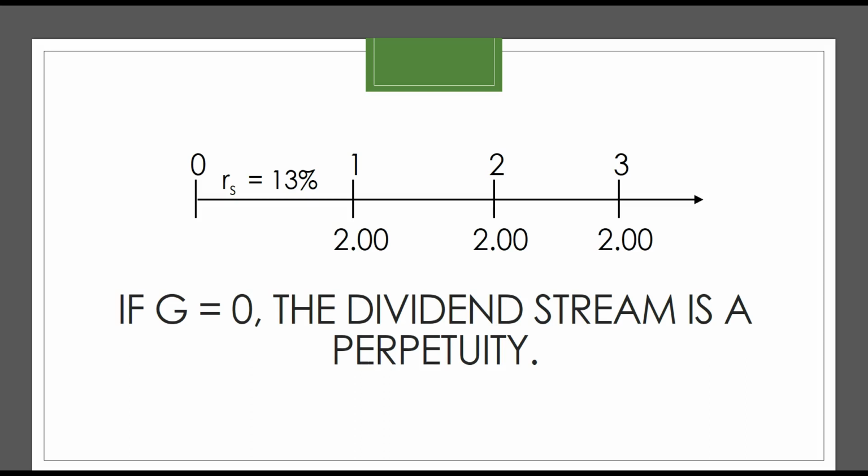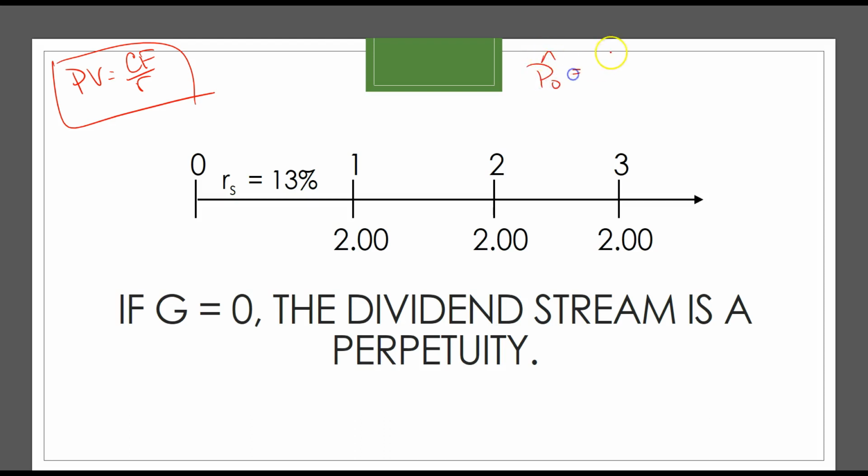And the present value of a perpetuity is equal to that cash flow, or that dividend in this instance, divided by some required return. So we covered this way back when. But you don't even have to remember that if you don't want to. You can just remember the Gordon model.